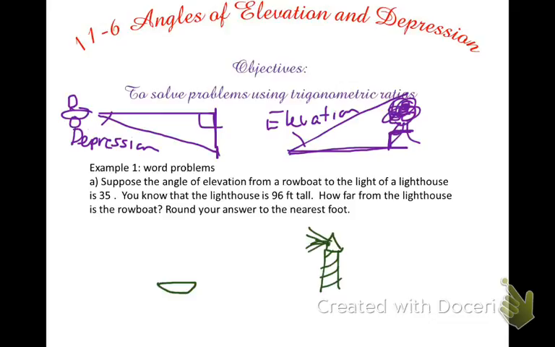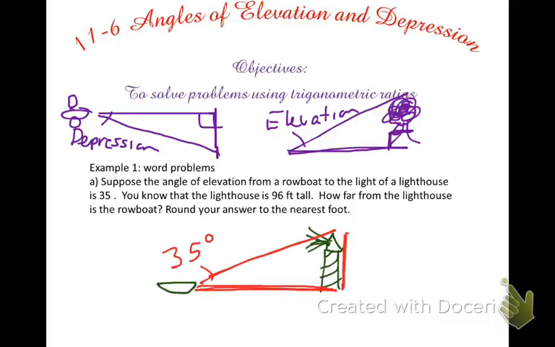Okay, so he's looking straight ahead. But we are looking at, suppose the angle of elevation from a rowboat to the lighthouse is 35 degrees. So here is my 35 degrees. And the lighthouse is 96 feet tall.